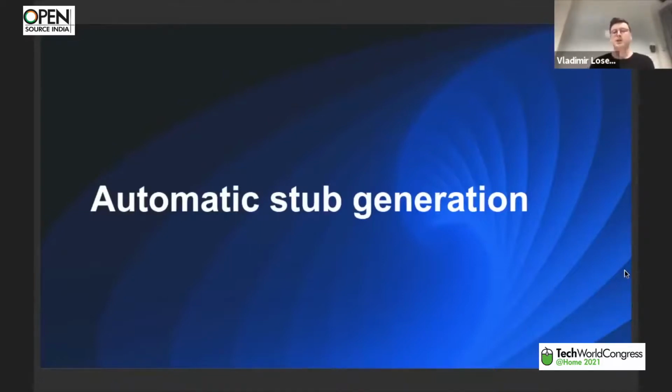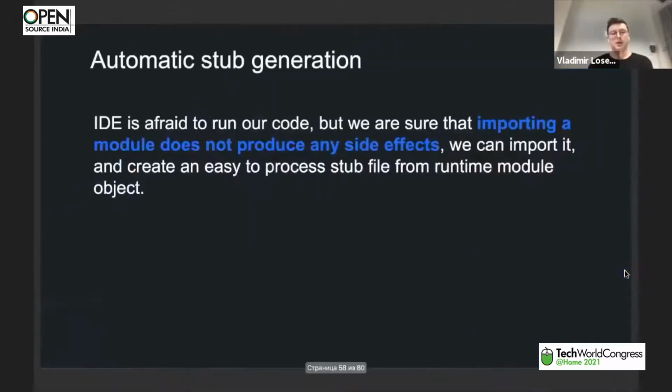So what we propose here is automatic stub generation. Long story short, the IDE is using static code analysis because it is afraid to run our code and does not have access to runtime objects to introspect them.